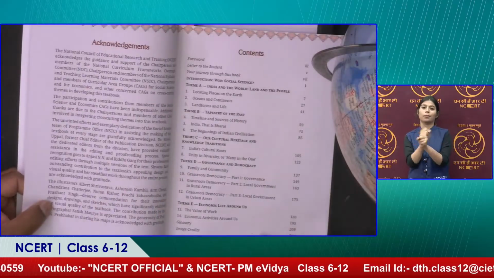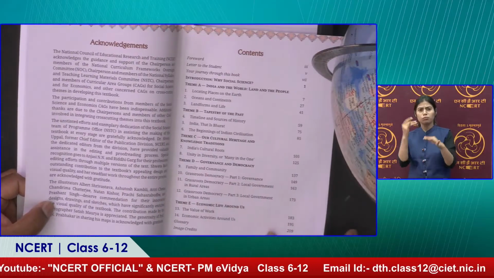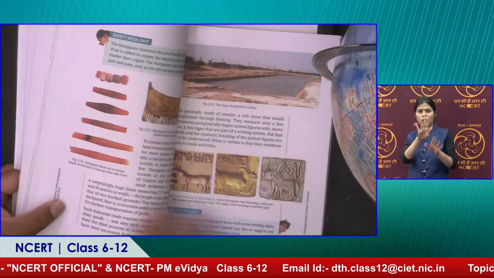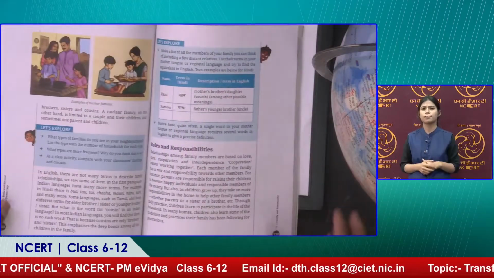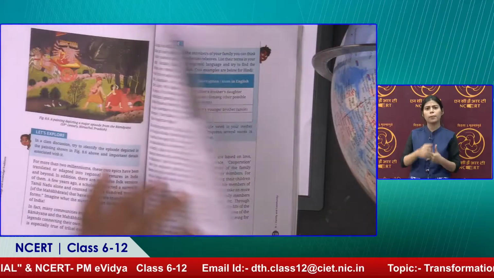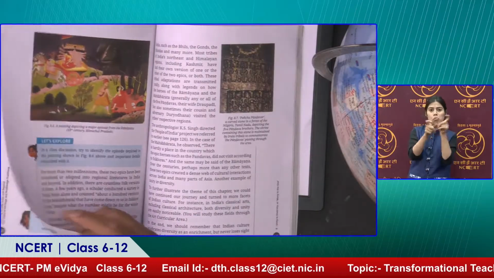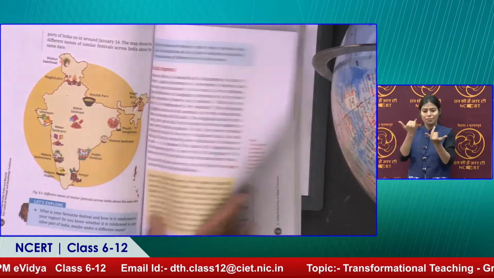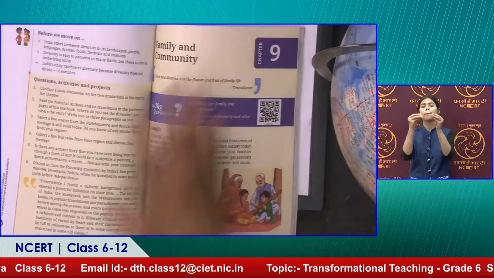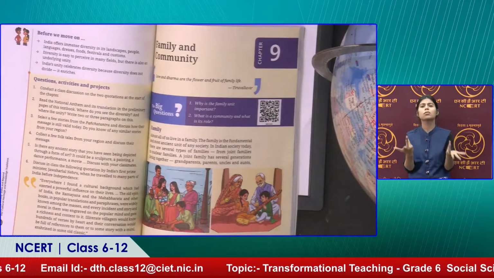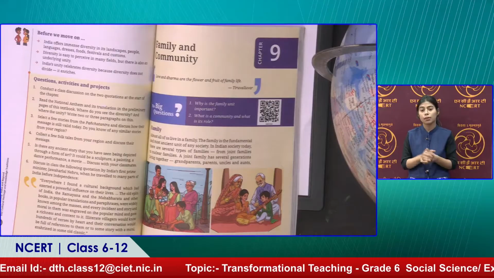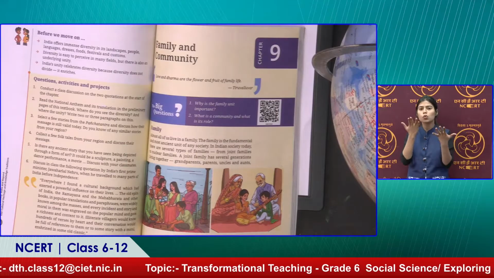But this book does not start straight away with government. It starts with family and community, because what you see today as a republic is not the way societies have always been governed. So we are introducing a sociological theme called family and community.